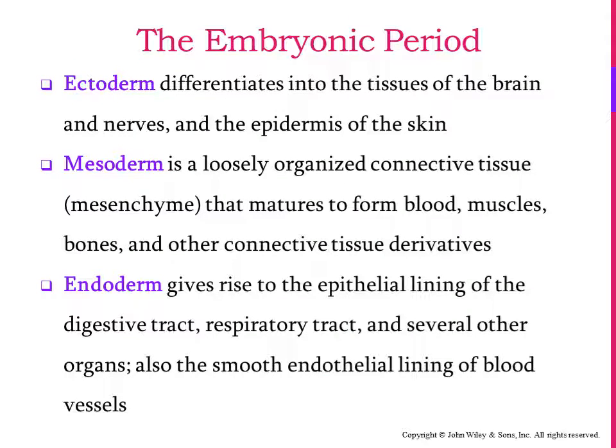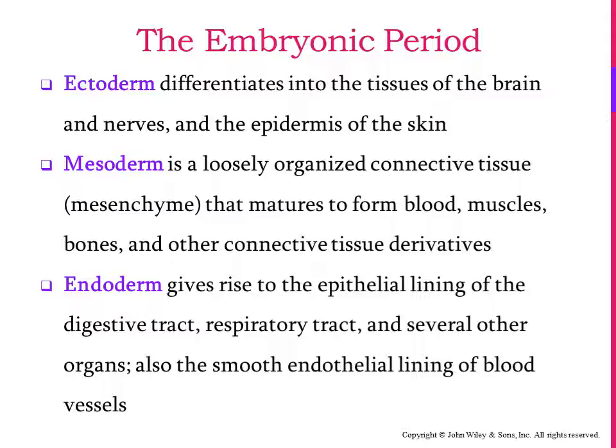So the ectoderm will differentiate into tissues that make up the epidermis of the skin. And interestingly, even though that is a very simple type of tissue, the same germ layer will give rise to the highly specialized tissues of the brain and other structures of the nervous system.